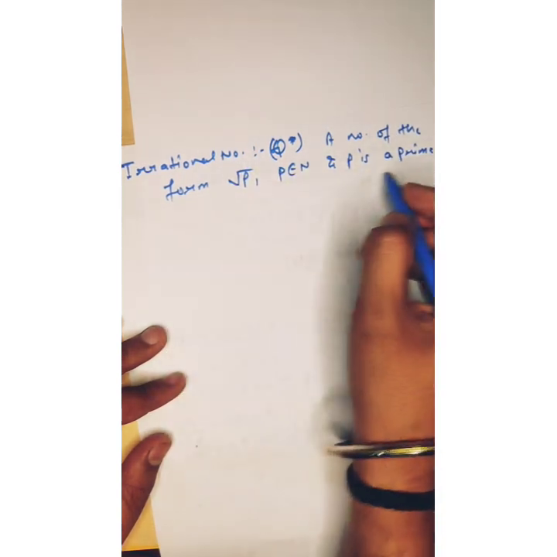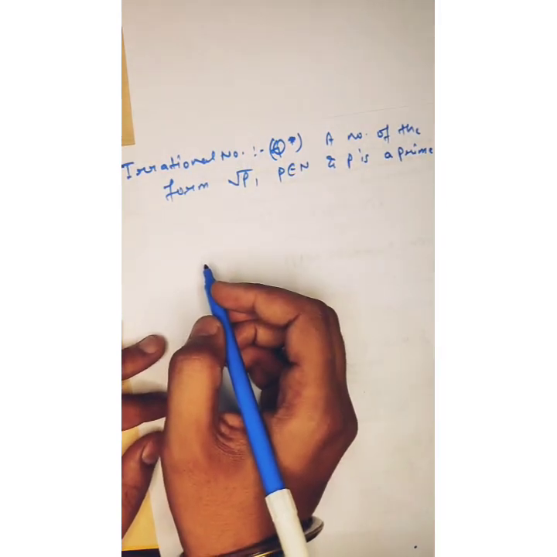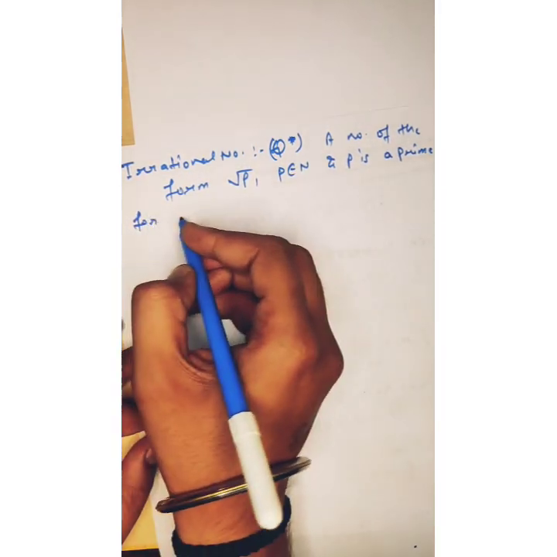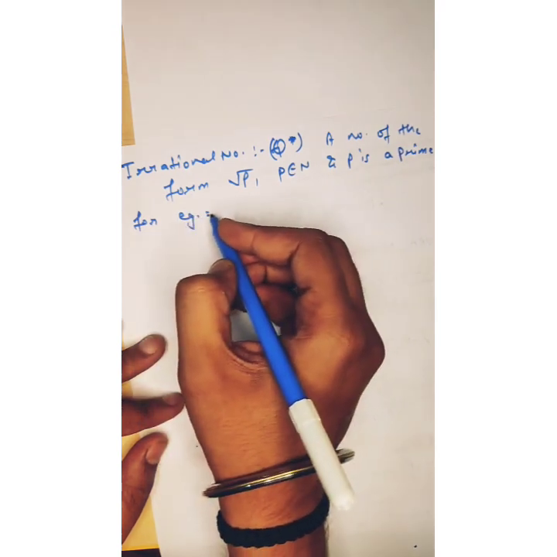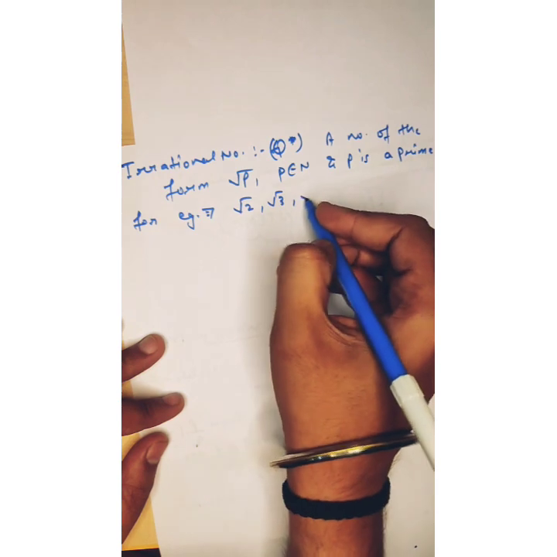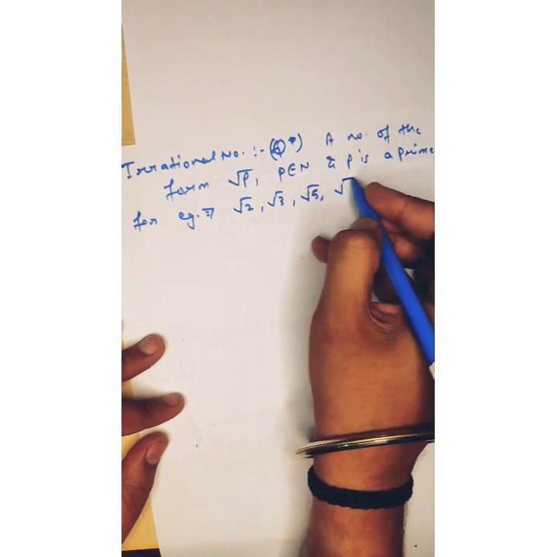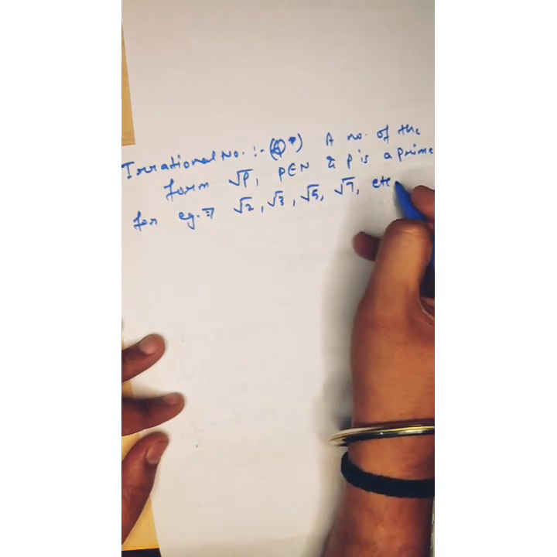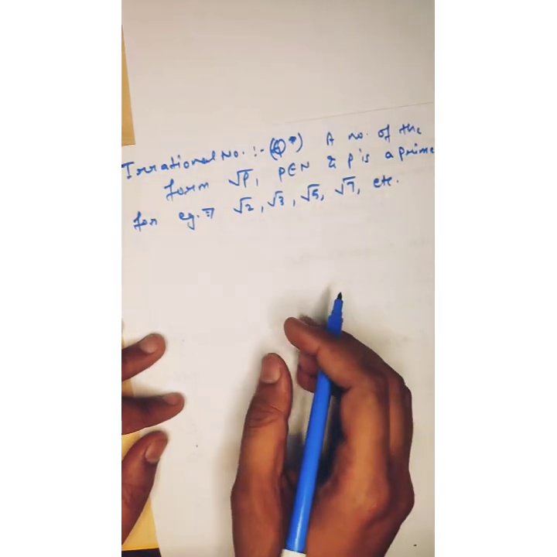So all these kinds of numbers are known as irrational numbers. For example, under root 2, under root 3, under root of 5, under root of 7, etc. They all are known as irrational numbers.